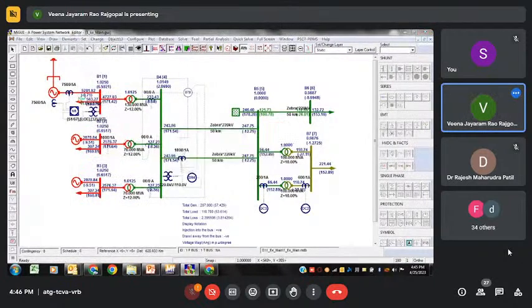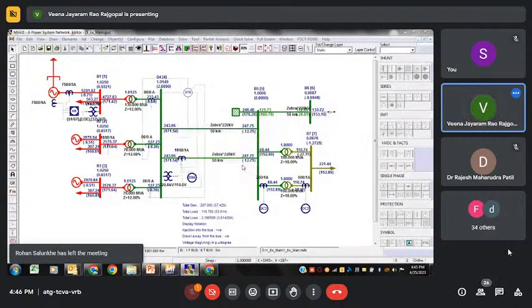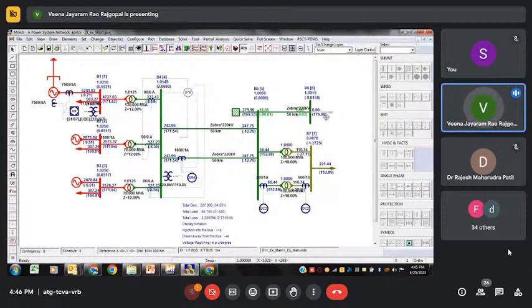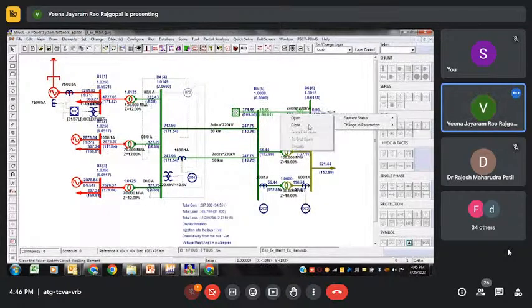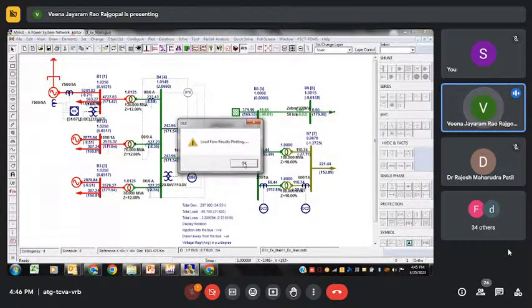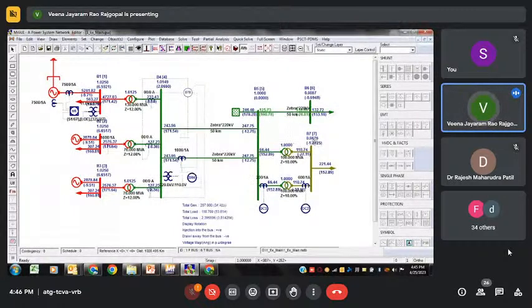Here I can select any of the elements. Say I select this load and open this load. You can see here this is open, and you can see the flows that have changed. Now I'm going to put this back. This we call what-if analysis.